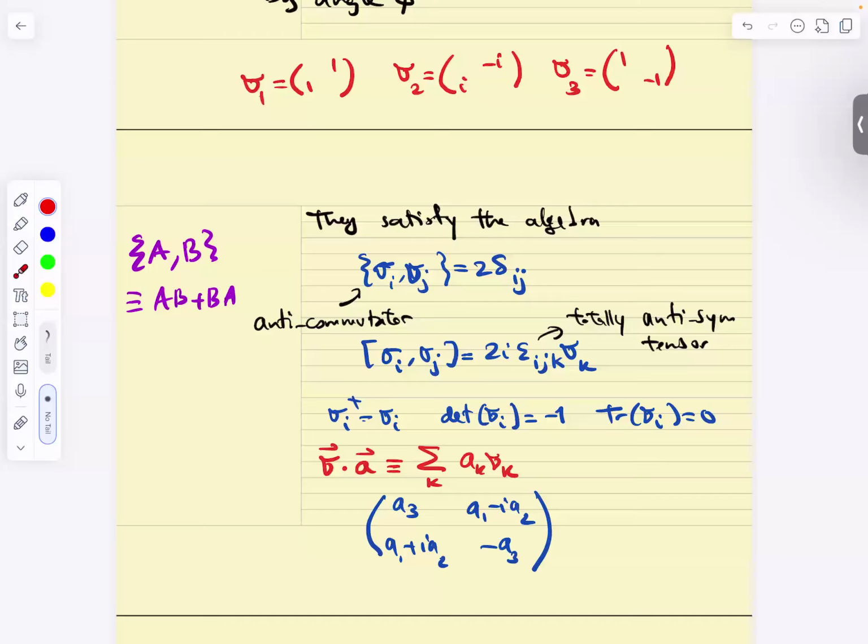I should have put this on my slide. Okay. All right, so when you multiply these, this is just notation for this, right? A 2x2 matrix, which is A3, minus A3, A1 minus IA2, A1 plus IA2. Good.